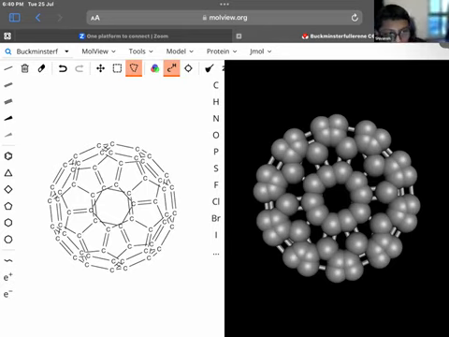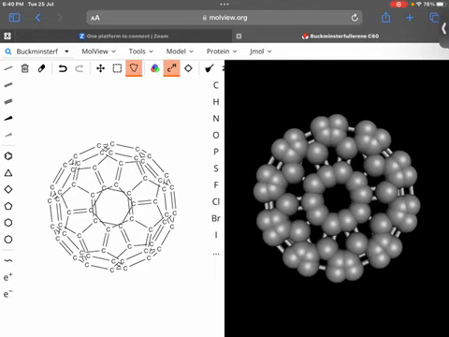I'll copy paste it and send it in the Zoom chat. Yes, it is non-planar.